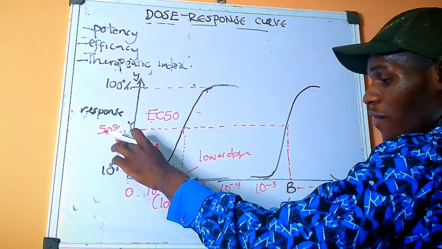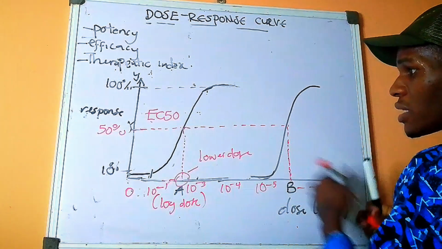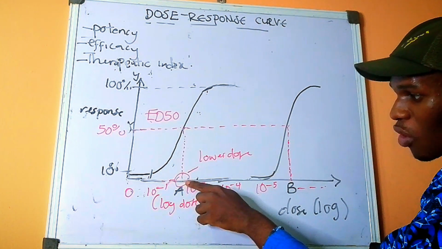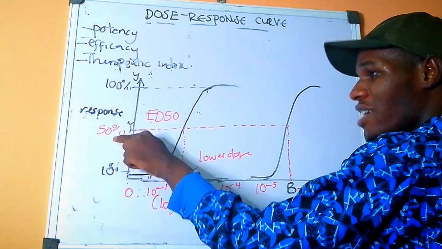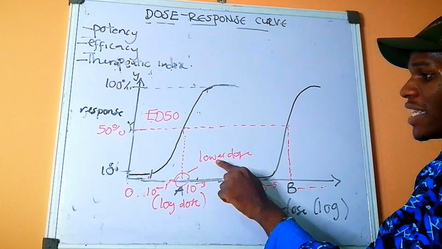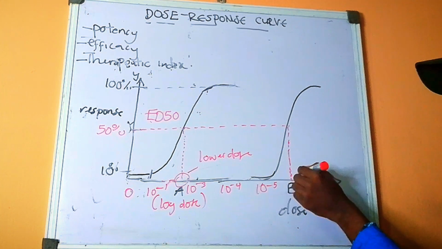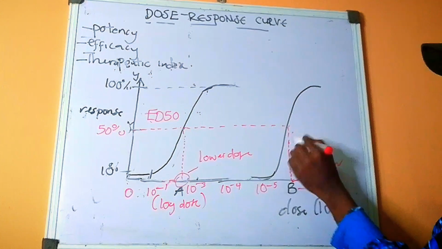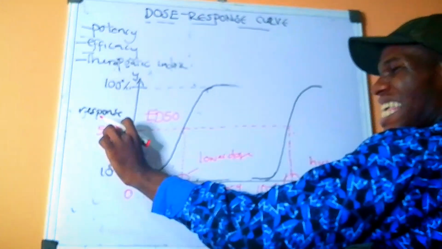So EC50 or ED50, because I'm dealing with dose response now, so I'm going to change this C to D. ED50 is the dose of the drug that is required to produce 50% therapeutic response in a given population. Here we need a lower dose to produce 50%, but at concentration B, we need a higher dose to produce that same 50% response in a given population.